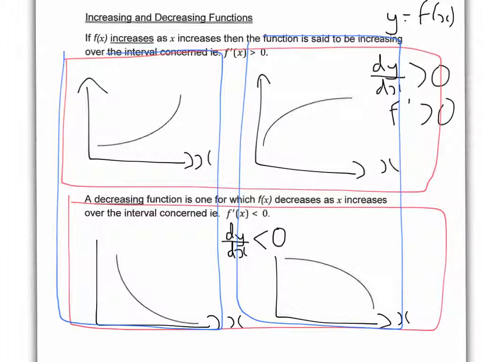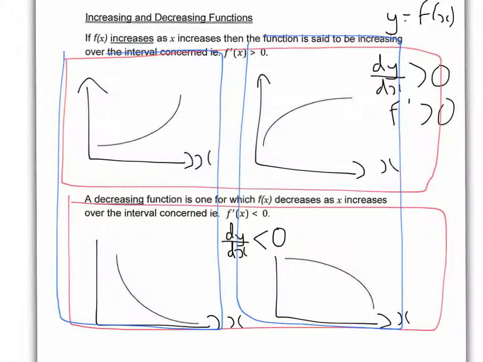But for now, notice that the principle or the idea of being increasing doesn't matter how it's increasing as long as it is, and decreasing doesn't matter how it's decreasing as long as it's going down as x increases. If you ever see the word increasing function, you should immediately be thinking gradient is bigger than 0. If you ever see the phrase decreasing function, you should be immediately thinking that the gradient should be less than 0.